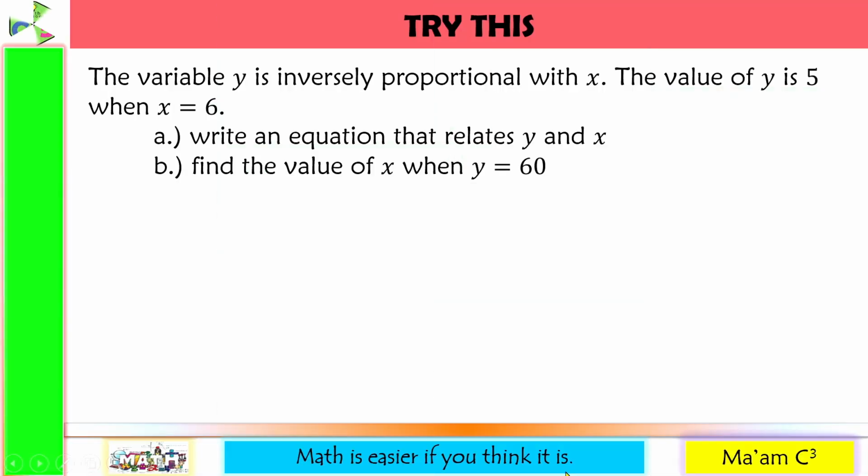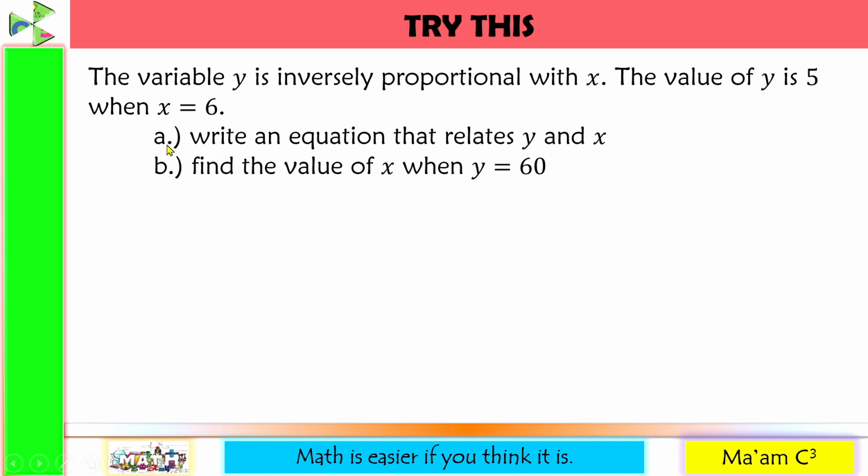Try this. The variable y is inversely proportional with x. The value of y is 5 when x is equal to 6. Letter A. Write an equation that relates y and x. Letter B. Find the value of x when y is 60.